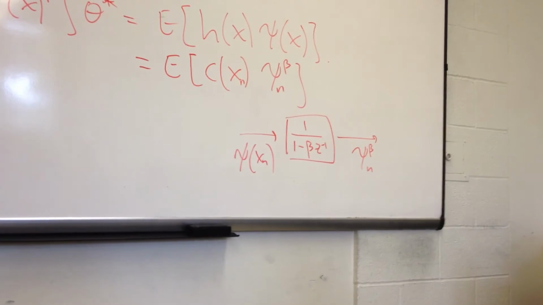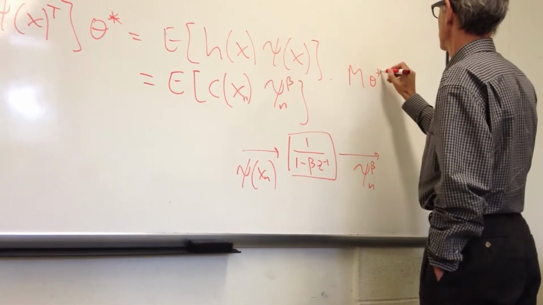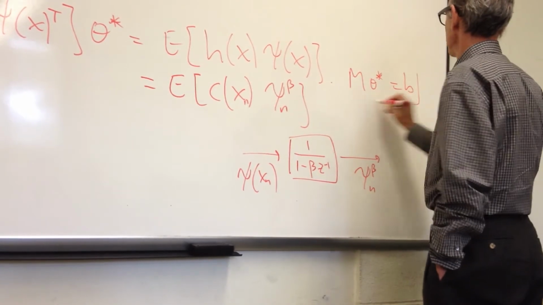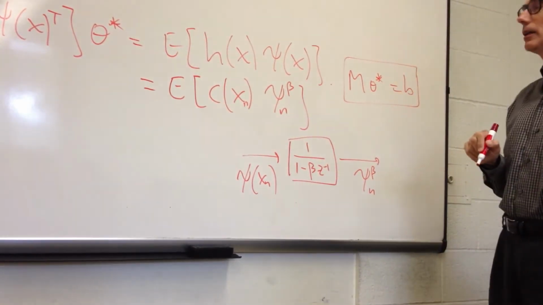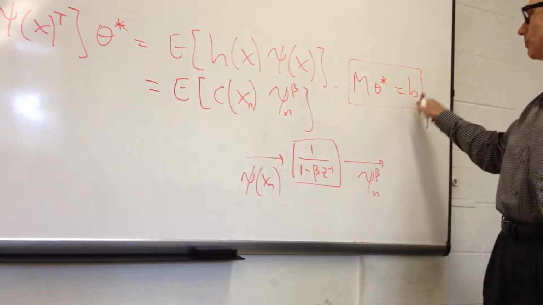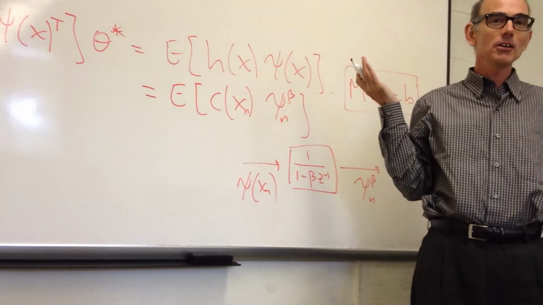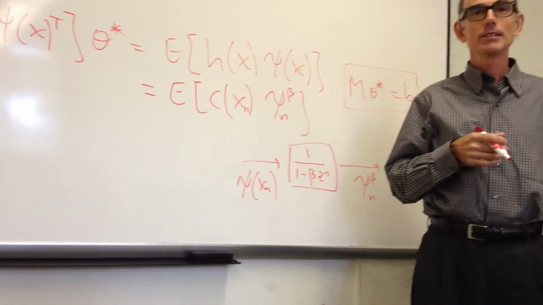So let's write this as m times theta star equals b. We want to estimate b and m. Well, Monte Carlo, just simulate.